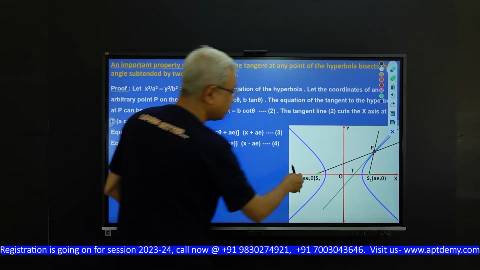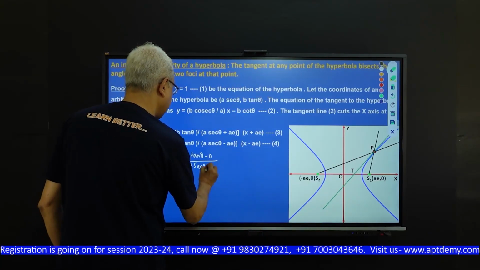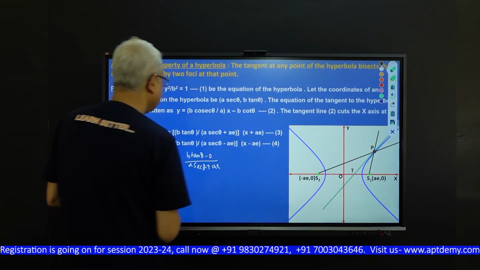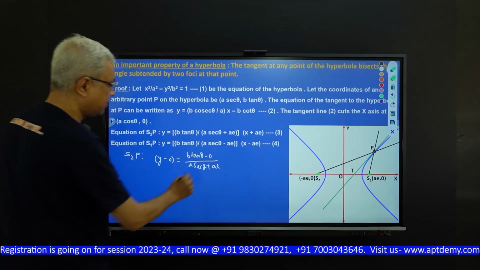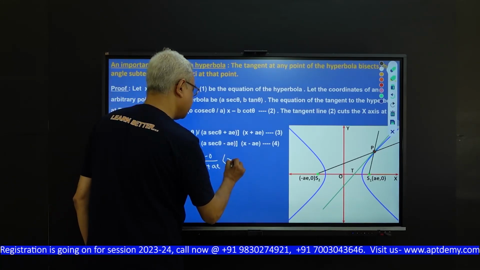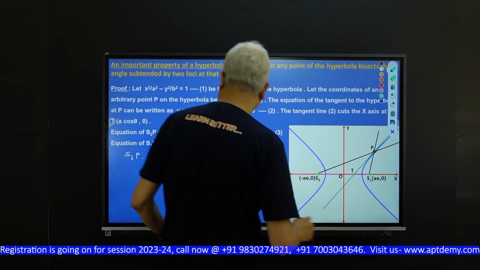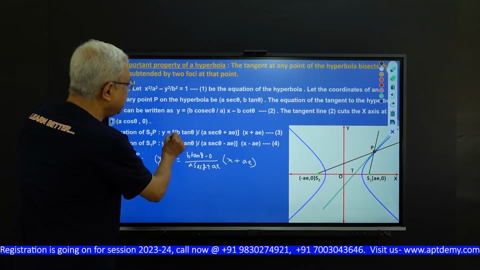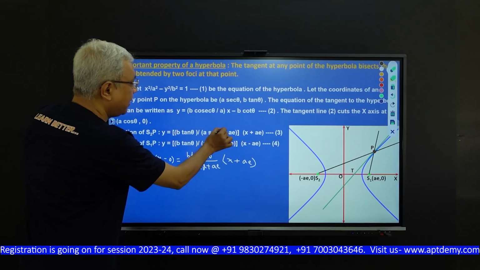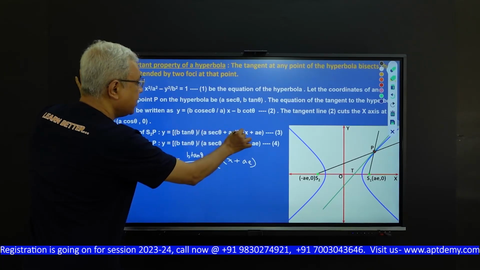I am talking about S2P, multiplied by x plus a. Okay, so this is the equation of S2P. So it is b tan theta by (a sec theta plus a) multiplied by (x plus a).